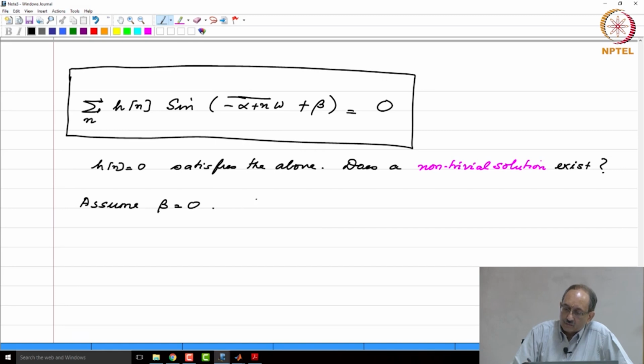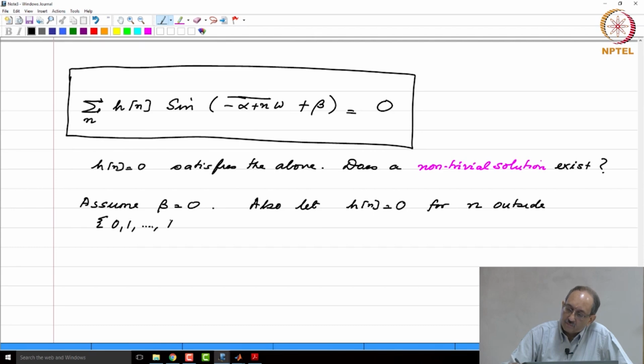Okay. So also let h[n] equal 0 for n outside this set, and hence you are finally left with this problem that you are going to solve: the sum for n going from 0 to N minus 1 of h[n] sin(minus alpha plus n omega) equal to 0.